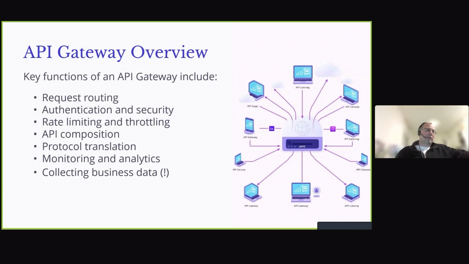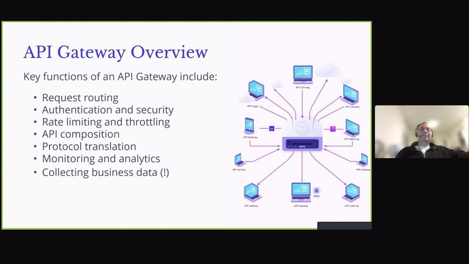So again, we can do that in every service and manage it in every service, but it's pointless, right? It's better to do it in one place. And we can even do higher level operations like API composition. For example, our API gateway can call API A, take the result and pass it to API B, examine its result, and then decide whether to send it to API C or API D.